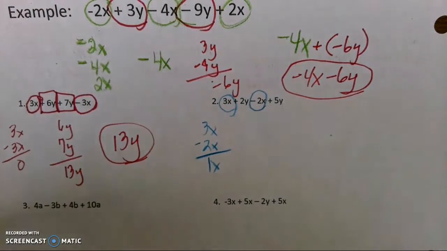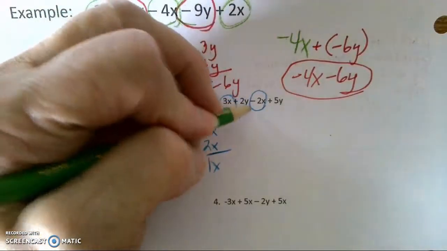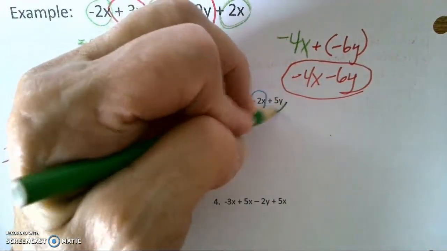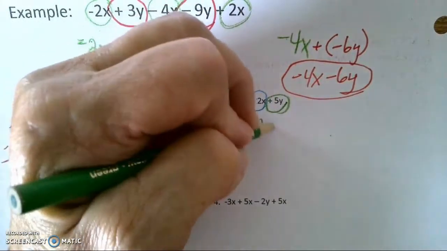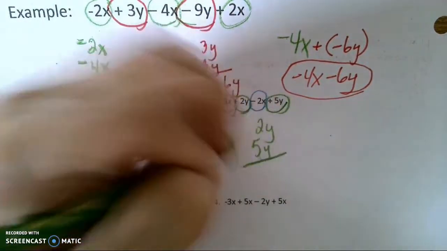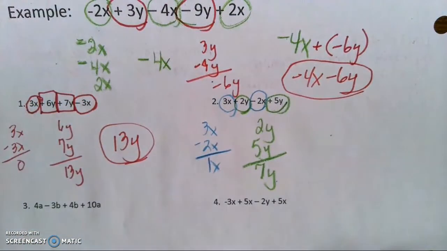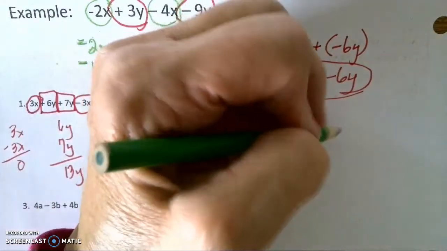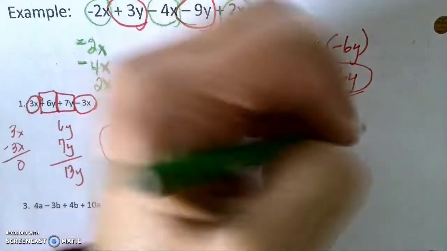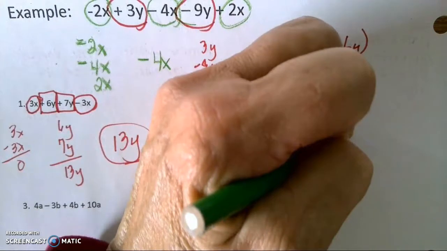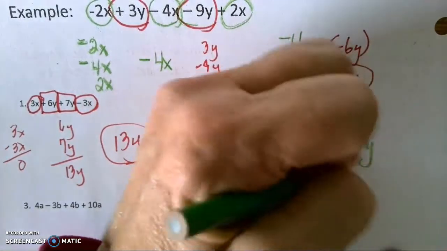And then I'm going to combine 2y and 5y, so 2y plus 5y, that's going to be 7y. And now I need to just combine those back together again. So this will be x plus 7y.